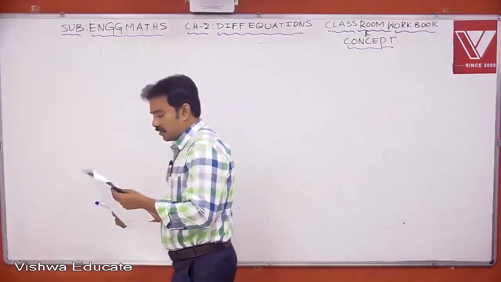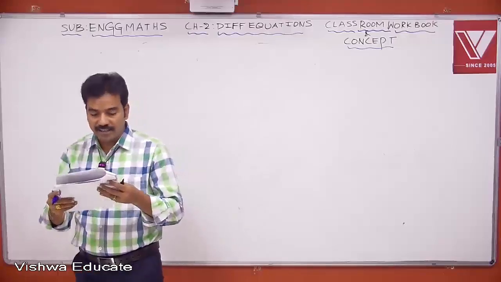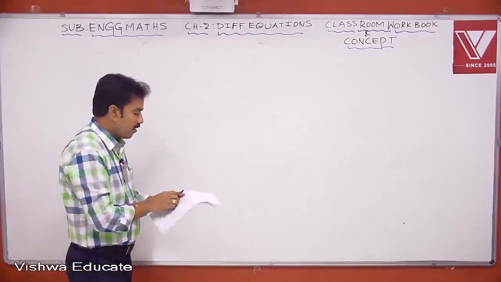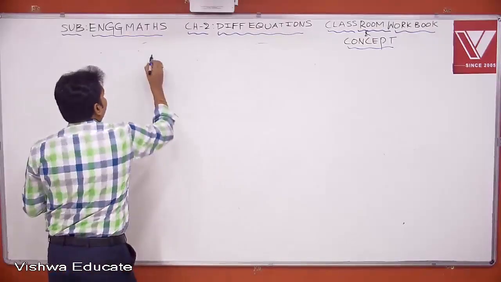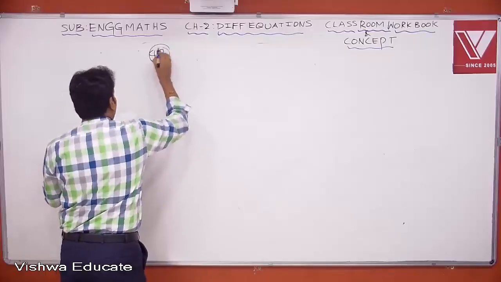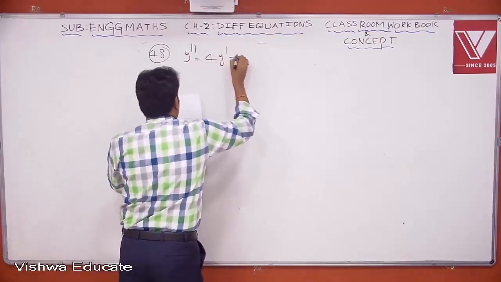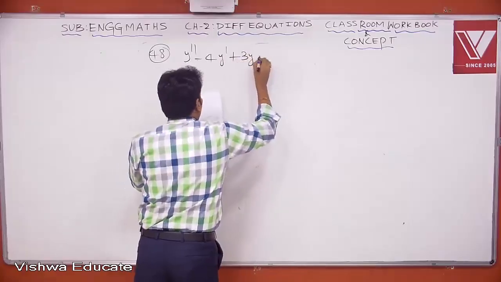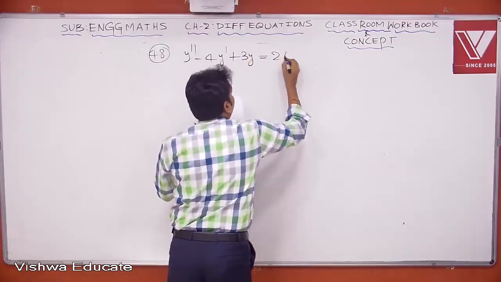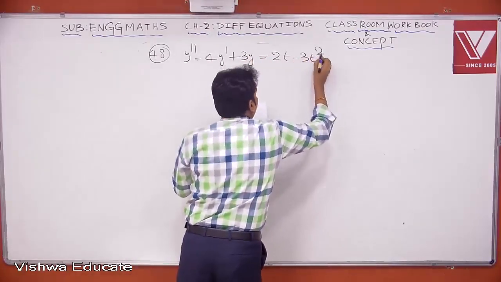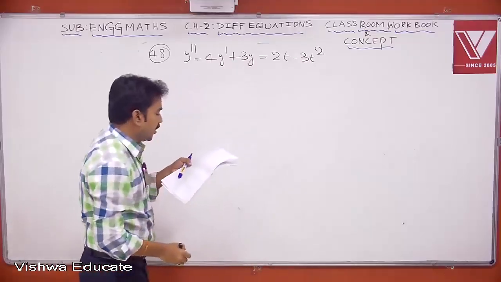Next, let us discuss question number 48. Consider the following second order differential equation: y double dash minus 4y dash plus 3y equal to 2t minus 3t square. We need to find particular integral in this case.